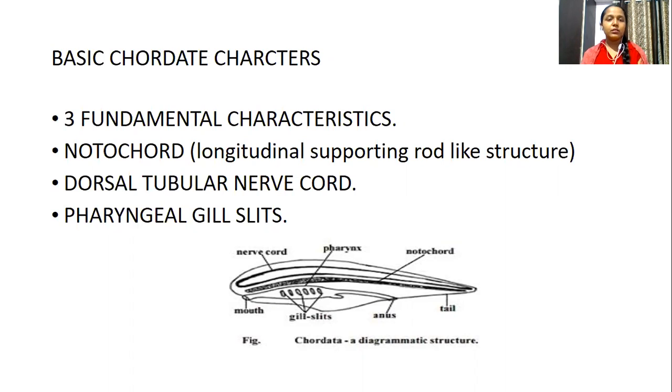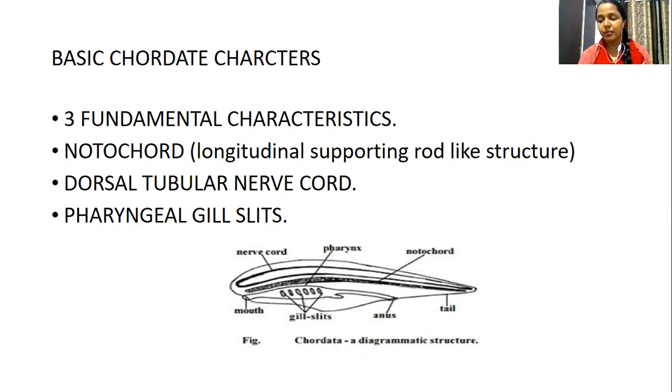To give an introduction about the chordates, the word Chordata means the individuals which have a chorda, a string or cord-like structure. Chordata means the animals which bear a string-like structure in their lifetime, that is a dorsal tubular nerve cord or a notochord.